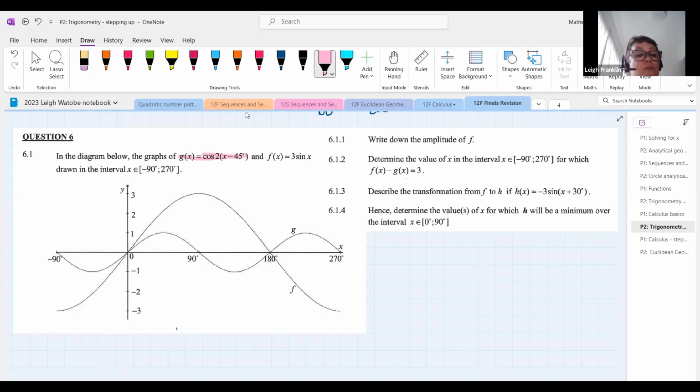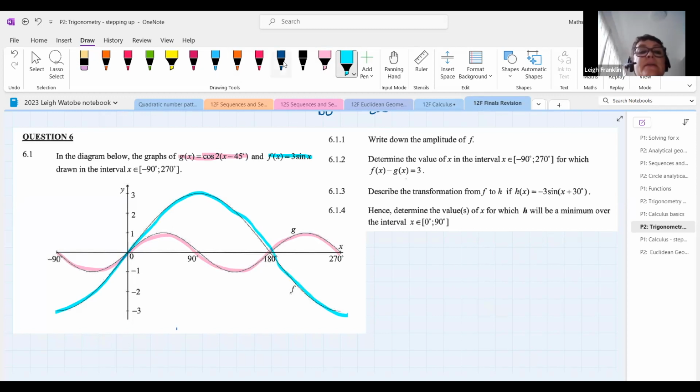So here is graph G. And we've got f of x equals 3 sine x. And that's that graph over there.